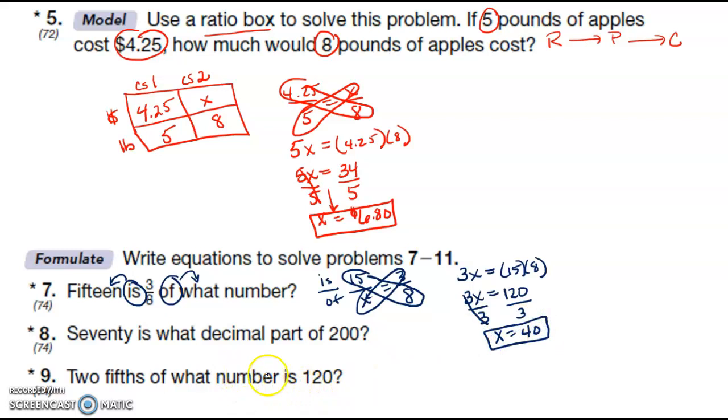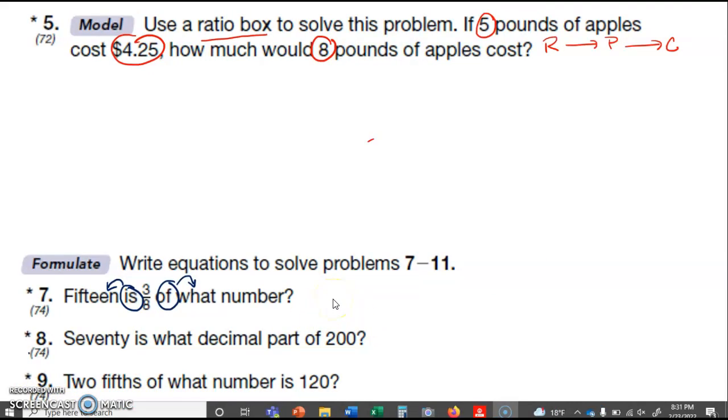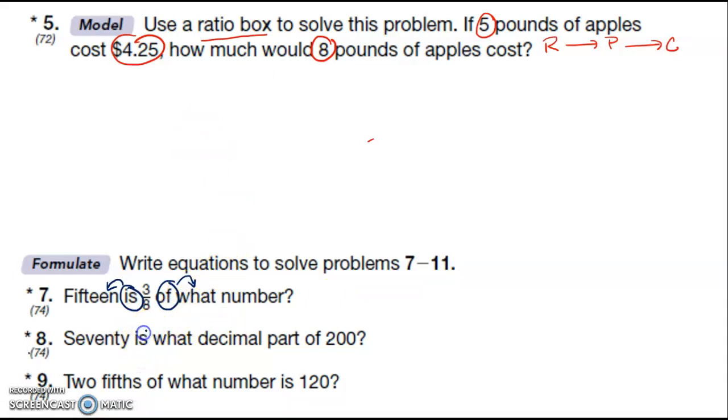Okay, I'm going to go ahead and erase that so we can do 8 and 9. So let's go ahead and do 8 and 9. 8 says 70 is what decimal part of 200?